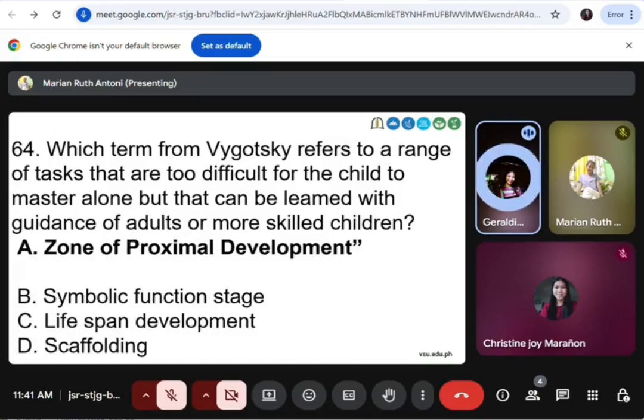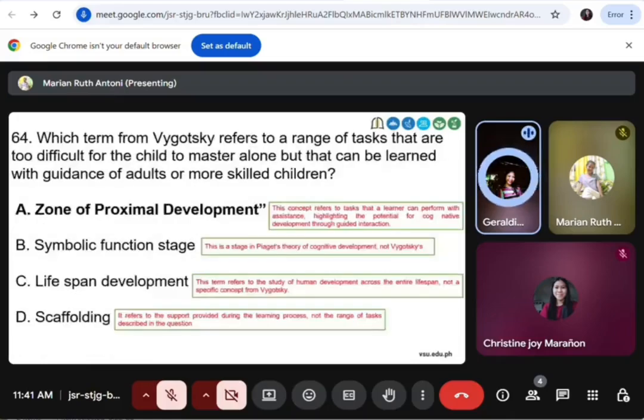So why is zone of proximal development the correct answer? It's because this concept refers to tasks that learners can perform with assistance, highlighting the potential for cognitive development through guided interaction. So why not letter B, C, and D? Letter B is not the correct answer because this is a stage in cognitive development, not Vygotsky's.